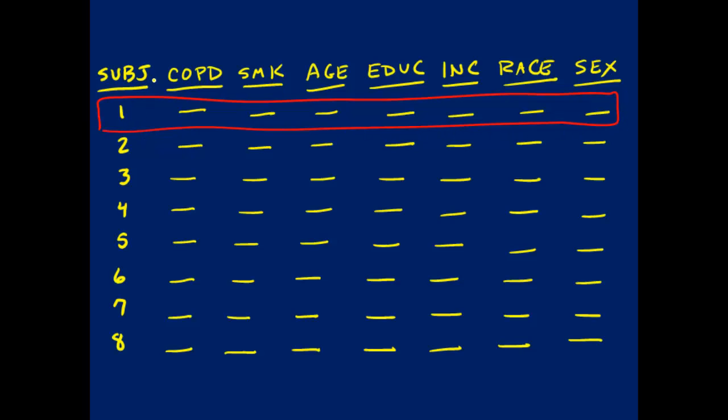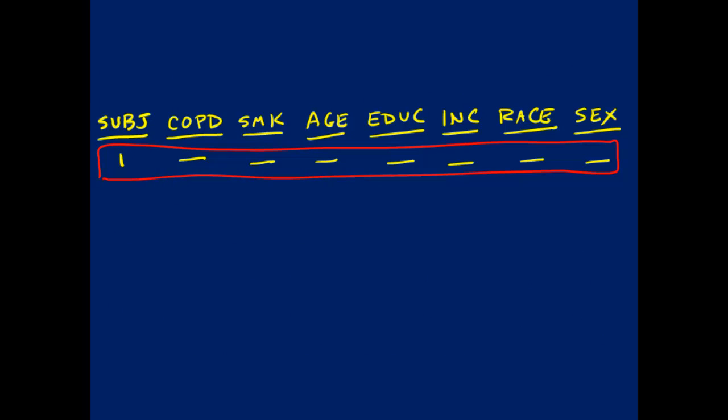In this case, subject number 1, their COPD, smoking age, education, income, race, and sex. Now, let's just look at one individual's data to make it simpler. One thing we should recognize is that these data exist in different data sets within the NHANES website.